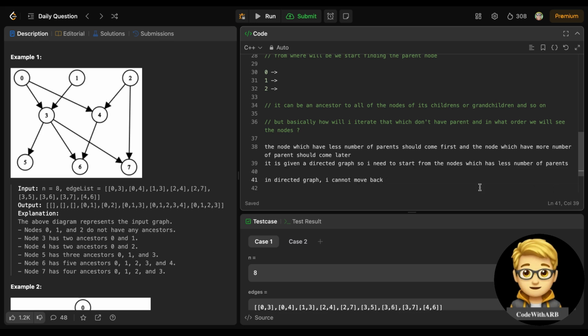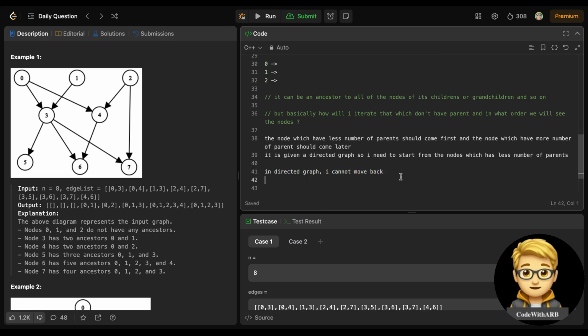Although it is possible to move back, we would need to store the parents of each node first.